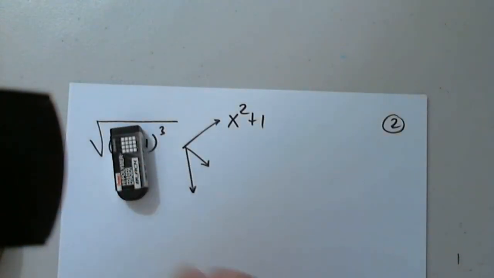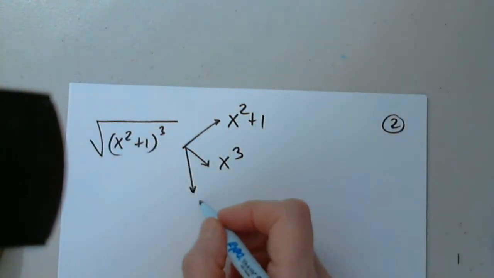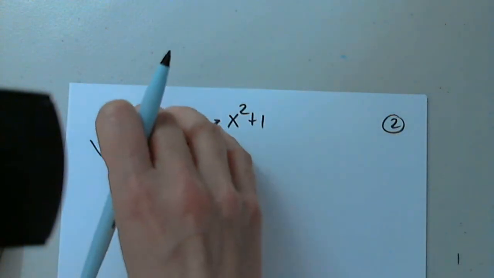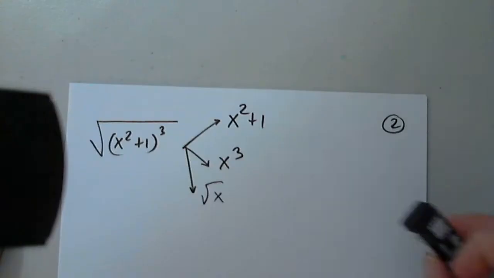Cube root, cubing it. Exactly. I meant using that exponent 3, and I just said it wrong. Very good. And now the last one. That's it. The square root of x.